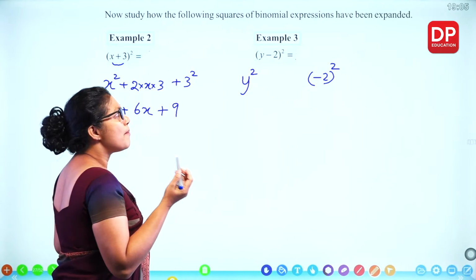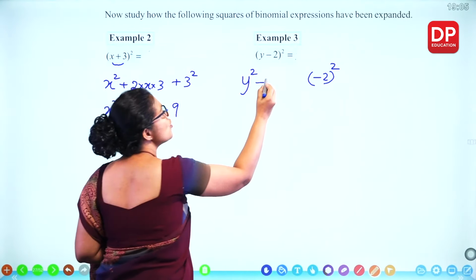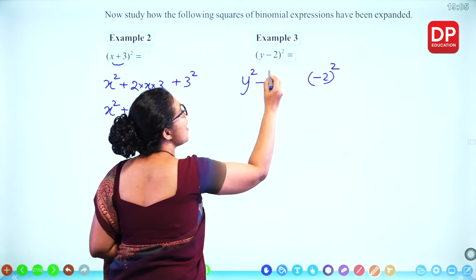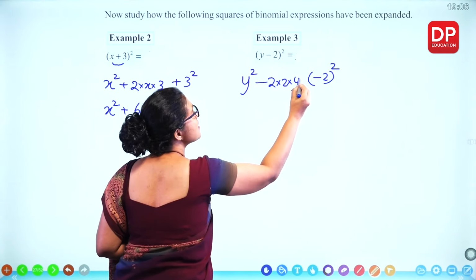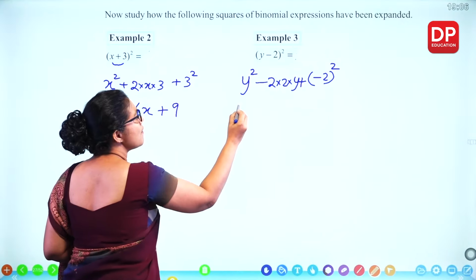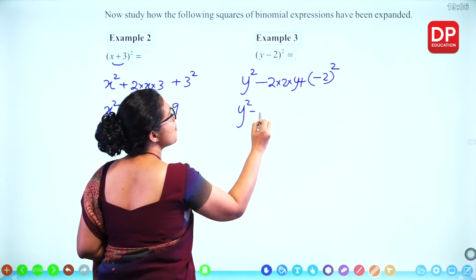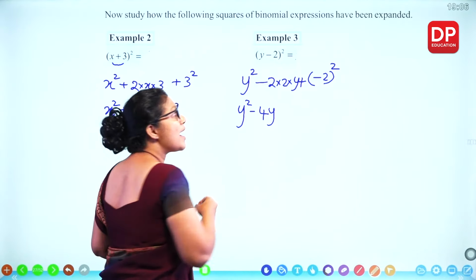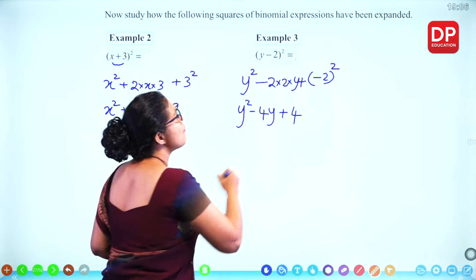So here minus comes, so this answer also minus. 2 times y times 2. So what's the answer here? When you simplify, y squared is there. 2 times 2 becomes 4y. And minus 2 squared becomes minus 2 times minus 2 becomes 4.